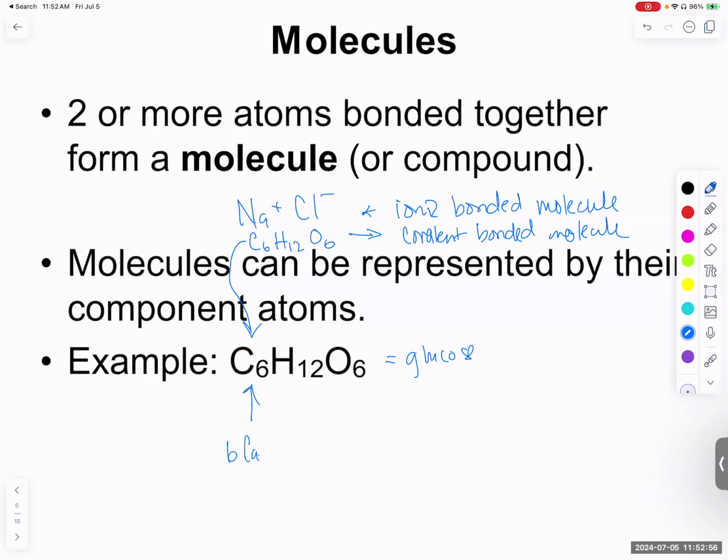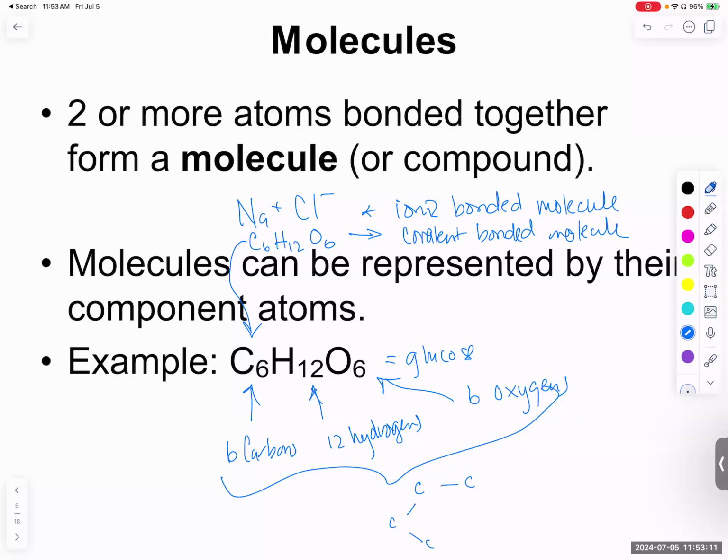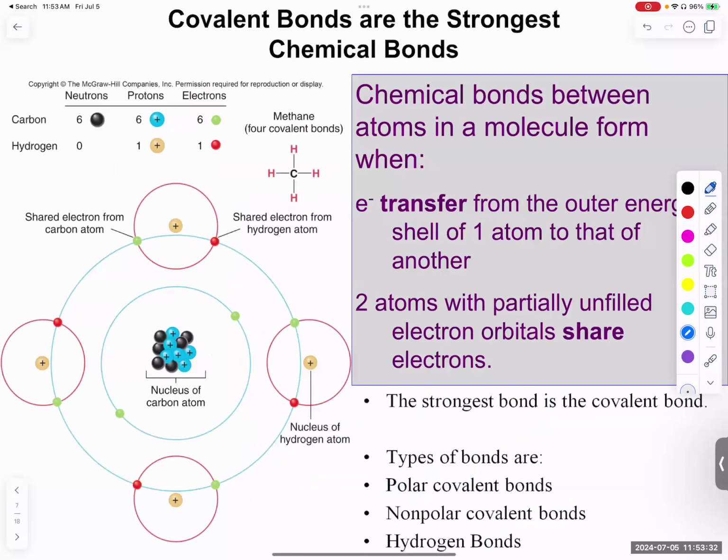It means there are 6 carbons, 12 hydrogens, and 6 oxygens that combine to form glucose. So there's a carbon, carbon, carbon, carbon, carbon. And then off this, you're going to have hydrogens and so forth. I won't draw the whole thing out, but you get the gist of it, right? So you're going to have some oxygens in there and so forth. So you're going to end up with 6 and 12.